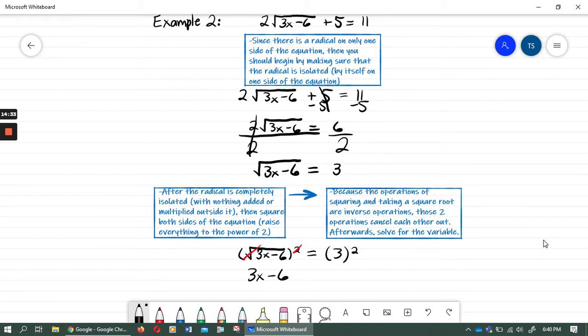So we've got 3x minus 6 equals 3 squared, and 3 squared is 9, correct? Yeah, absolutely. So 3x minus 6 equals 9.